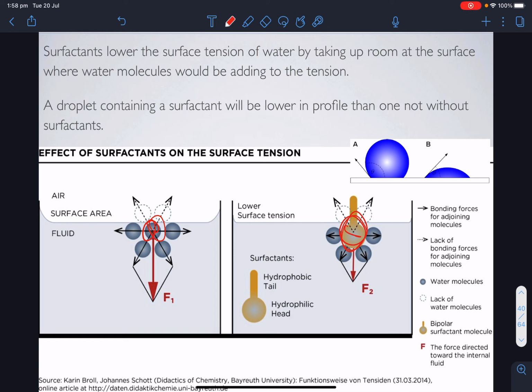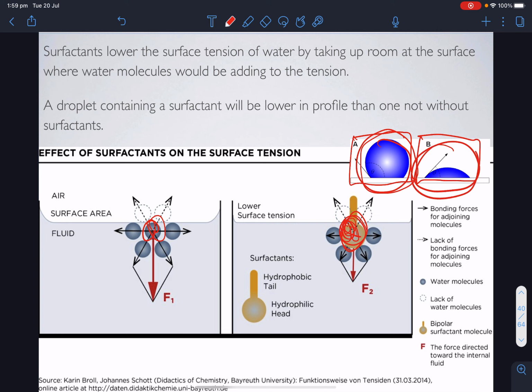So if you're moving those forces further apart by putting in these surfactants, you're lowering the surface tension, okay? So here I've used the same diagram to say, here is water. Here is water with soap in it. It lowers the surface tension, so you get less beading and more spread on the surface.